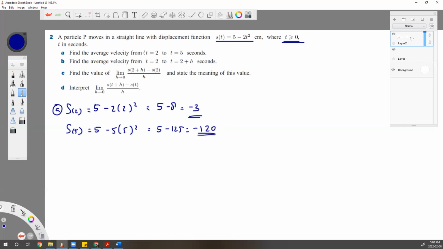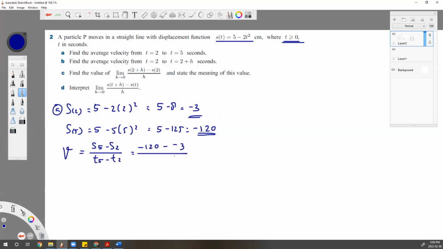So for the average velocity from t equals 2 until t equals 5, you just calculate v. You can just use the gradient formula, remember? So the velocity equals s(5) minus s(2) over 5 minus 2.